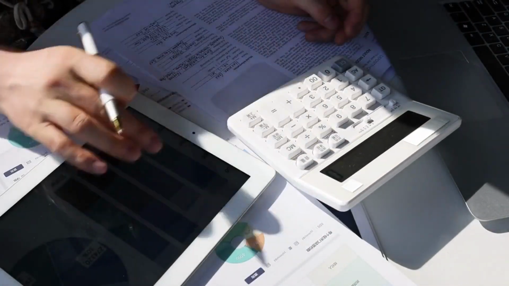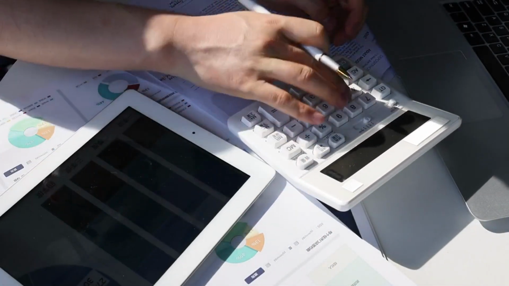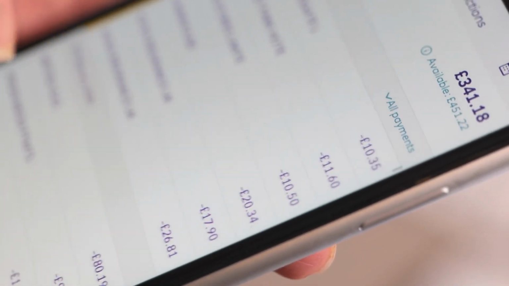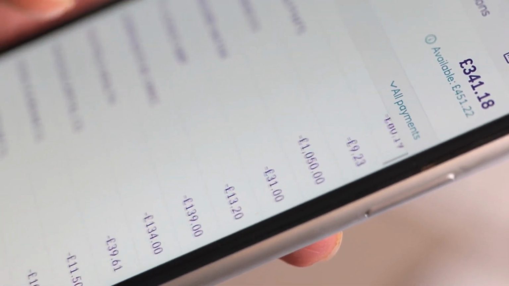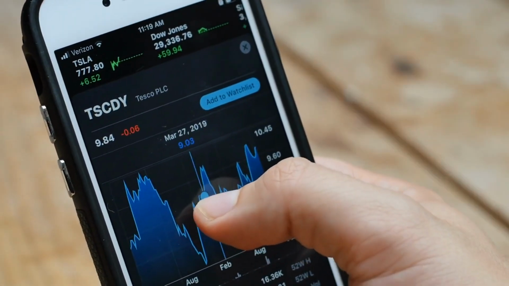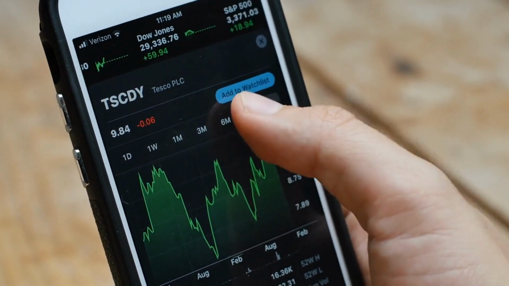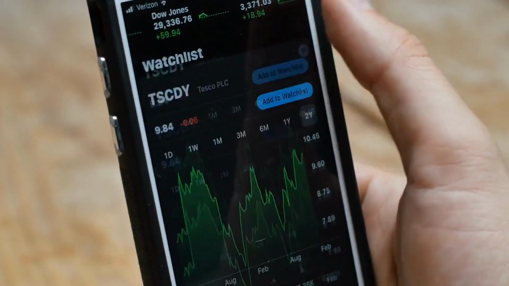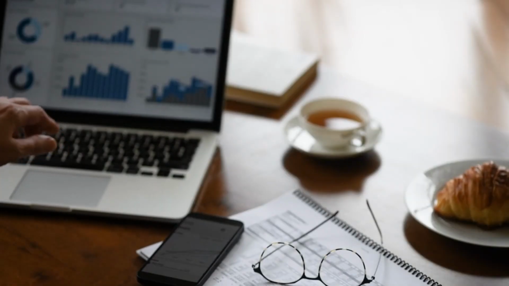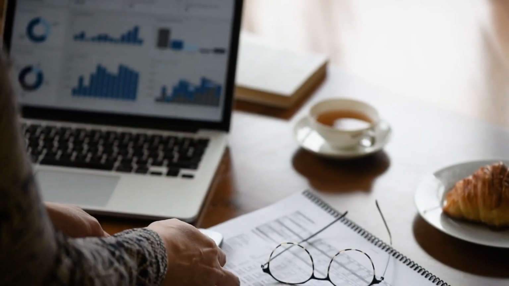Cash and cash equivalents. This includes savings accounts, money market funds, and treasury bills. These assets are highly liquid and carry low risk, serving as a safety net in volatile markets. Alternative investments. This category encompasses assets like hedge funds, private equity, and cryptocurrencies, which may offer unique growth opportunities but often come with higher risk.